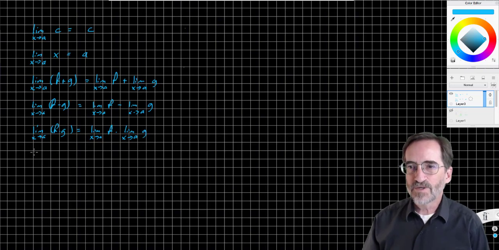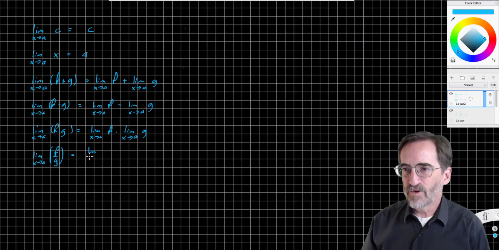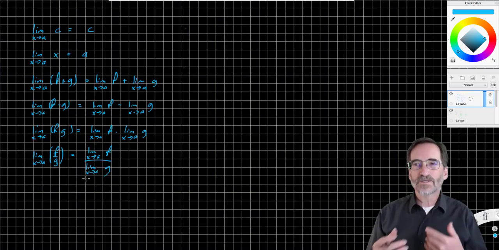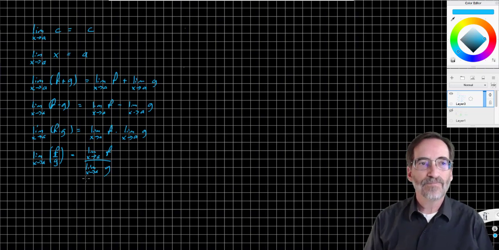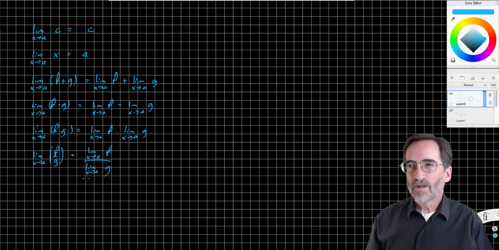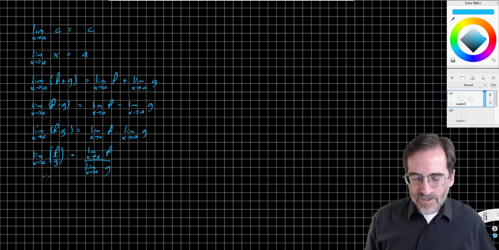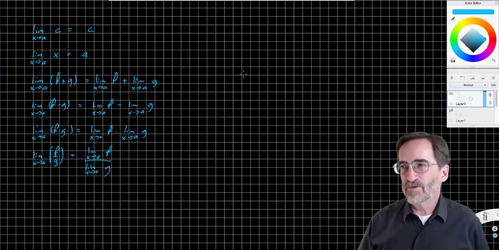And the quotient, the last one, the limit as x approaches a of f divided by g is the limit as x approaches a of f divided by the limit as x approaches a of g. So it can be broken up over addition, subtraction, multiplication, and division. So let me apply it to some examples.